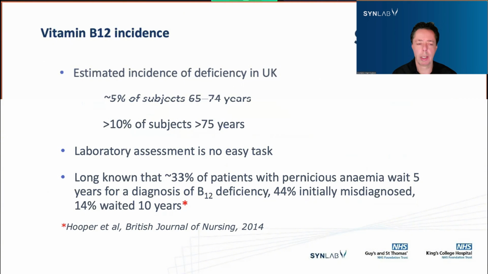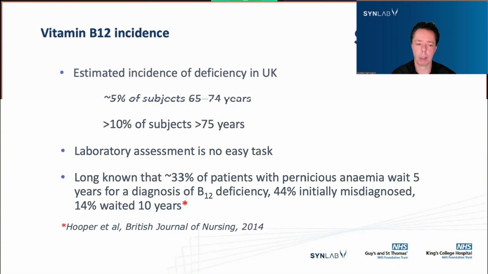Deficiency is common. I happen to work in the United Kingdom, and we see that about 5% of people over the age of 65 are deficient. The incidence of deficiency increases as age increases. So by the time you get to about 75, it's about 10% of people.